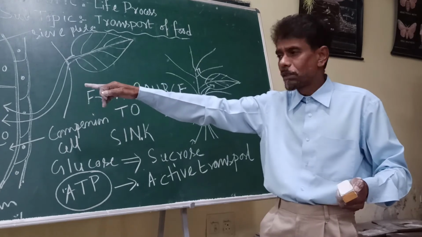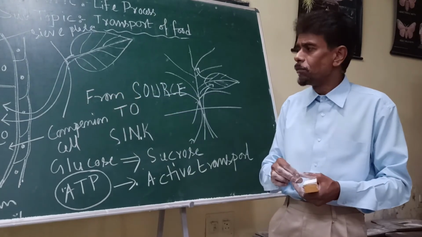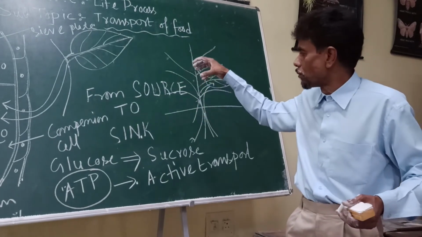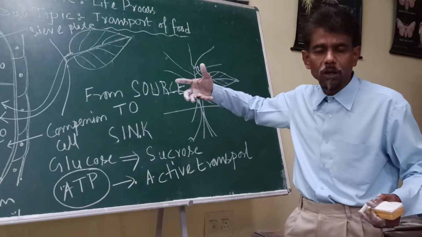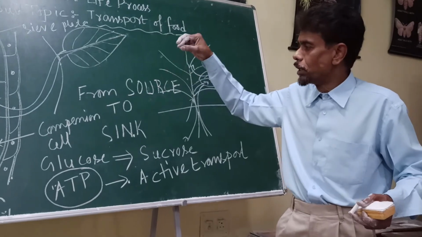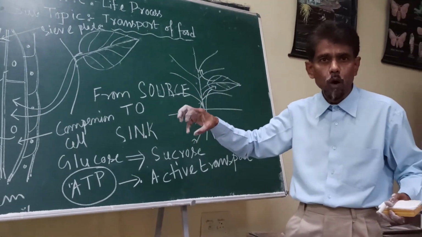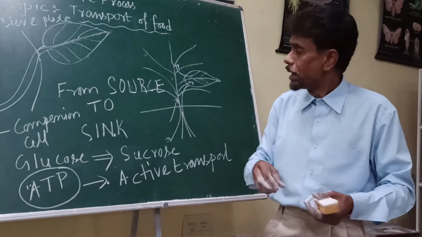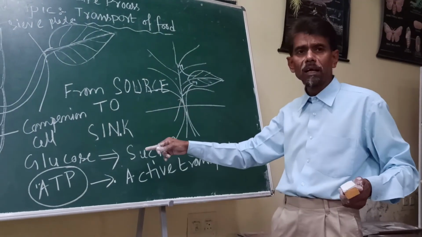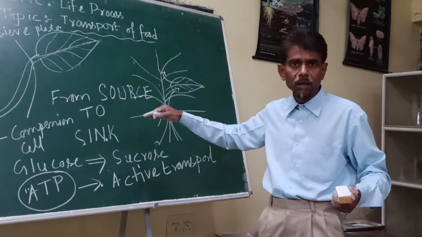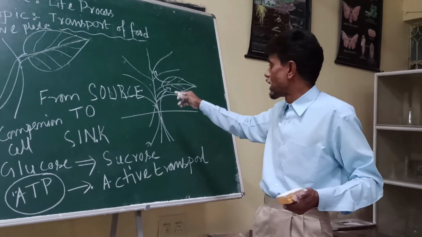From the xylem vessel the water enters and the pressure is now building, and as a result, from the source the high pressure of solute is moving to the other area where the pressure is low, of what? The solute pressure.